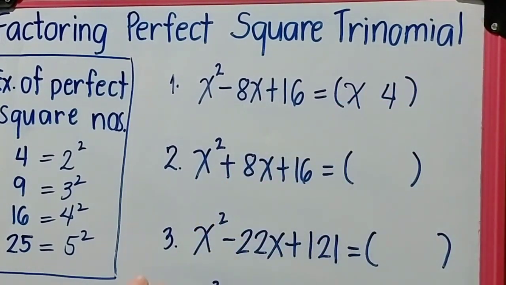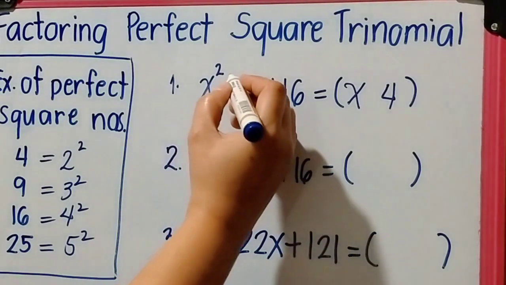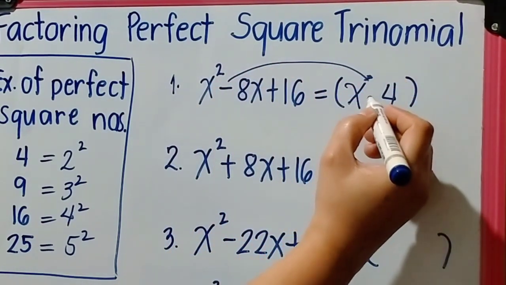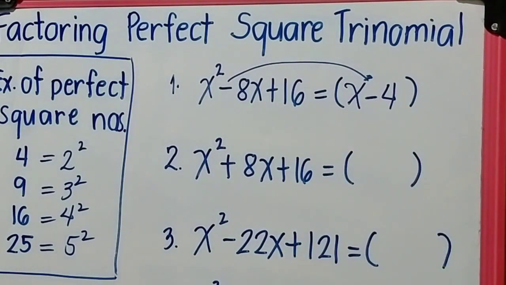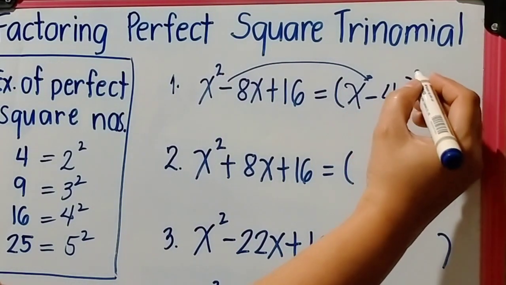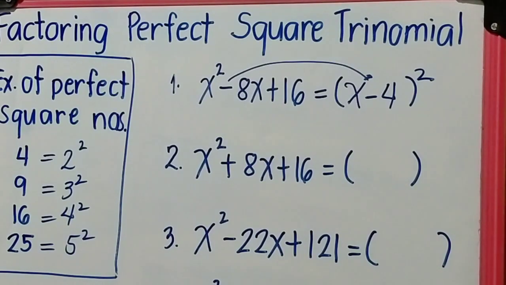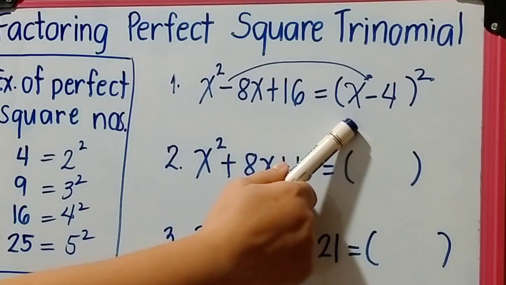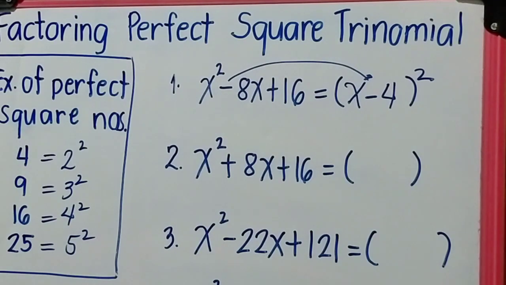Now the sign will be the same with the sign of the middle term. Since the sign of the middle term is negative, that will be the sign also of the binomial. So copy the sign of the middle term and don't forget to square it. The factor of x squared minus 8x plus 16 is the quantity x minus 4 squared.